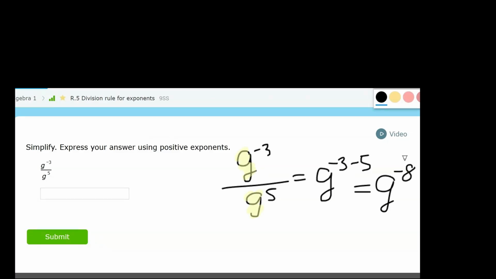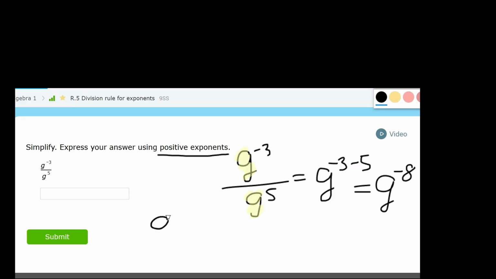Okay? But we're not done because the question says simplify and express your answer using positive exponents. Does our answer have a positive exponent? No, it's negative 8. Okay? And so another way we can express this negative exponent is to write it as a fraction.